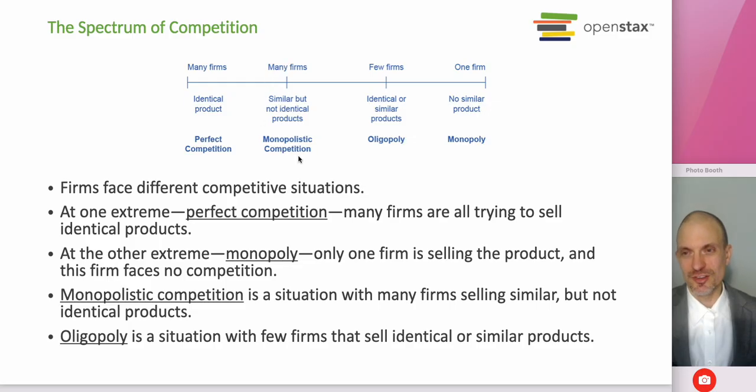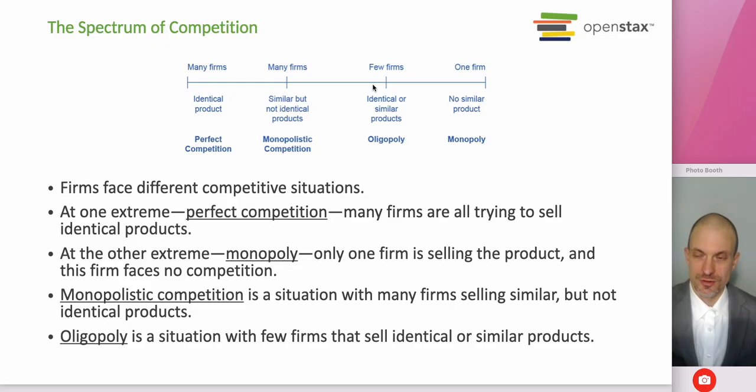A good example is the local restaurant market, fast food, or t-shirts, apparel, hats. There are lots of different styles. That's monopolistic competition. Few firms selling identical or similar products is an oligopoly. Think of automakers, for instance, the major manufacturers of cars.